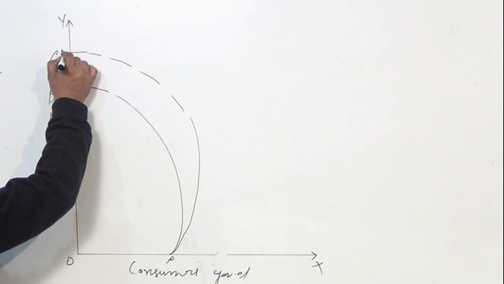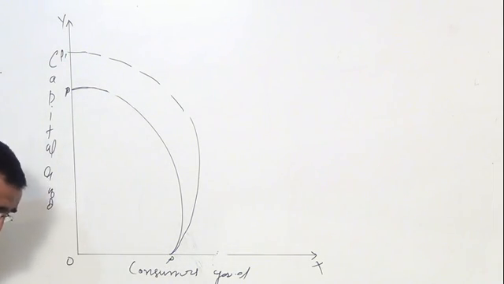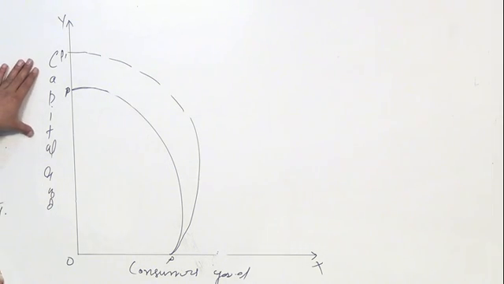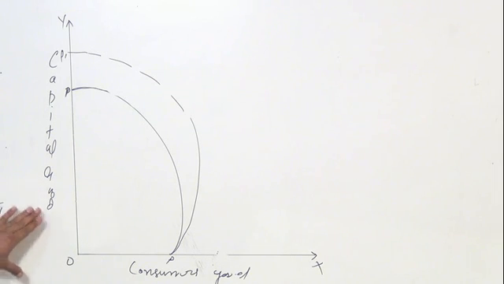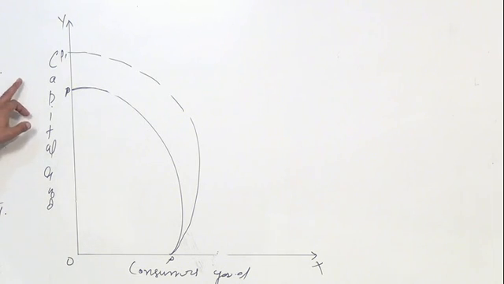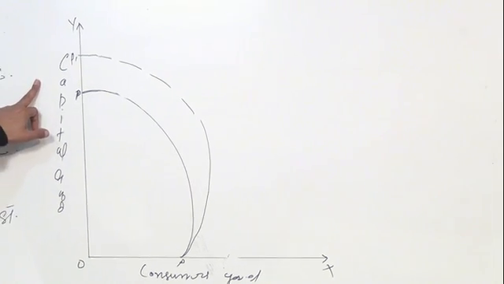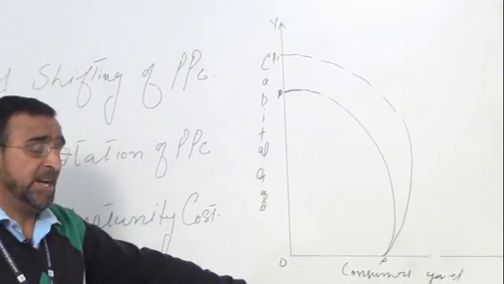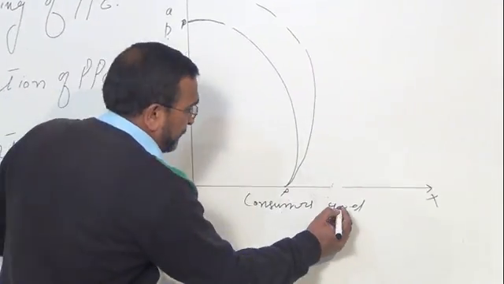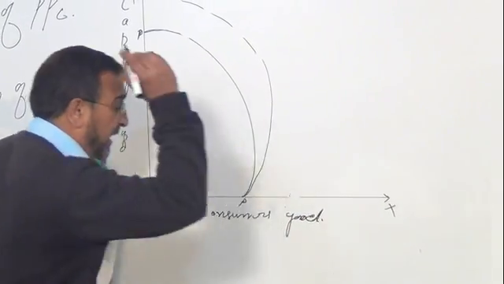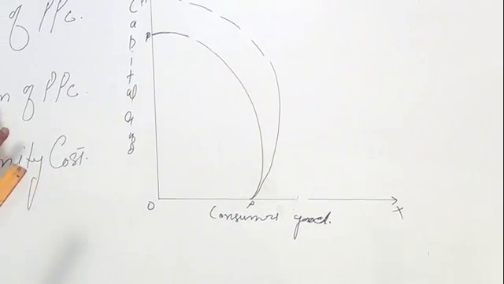Then the production possibility curve will be P1, and it rotates towards y-axis simply because we are able to produce more of y and same of x, because of the improvement in the technology of capital goods, and the technology remains same in producing consumer goods. So this is rotation.